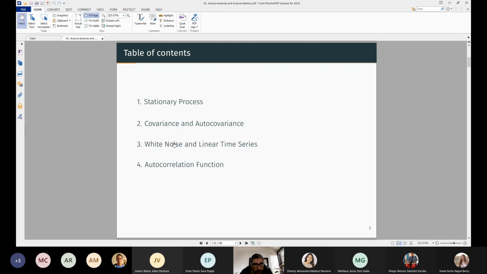Luego vamos a definir algunos stationary process que son muy utilizados, ¿no? Es el white noise, y vamos a definir algunos linear time series, que son el AR y el MA process. Y finalmente vamos a hablar acerca del autocorrelation function. Pues, quinto punto, pero creo que por hoy está bien.